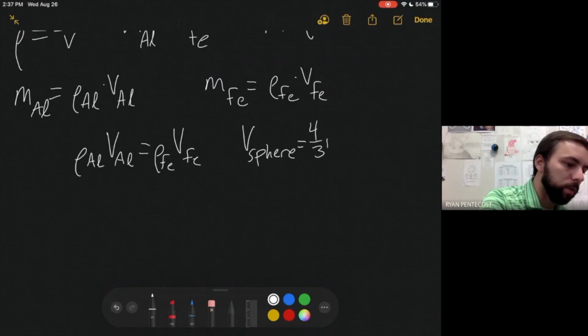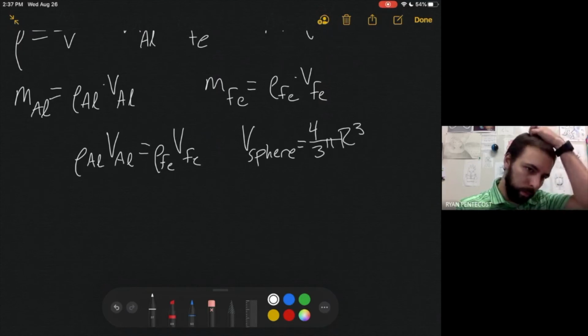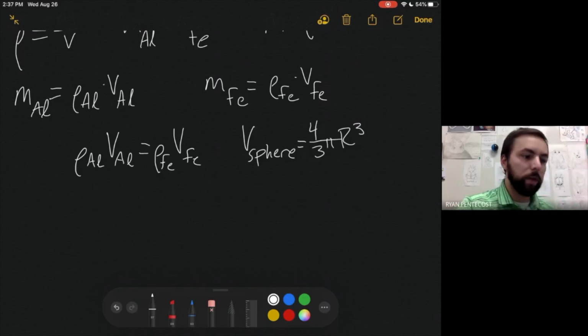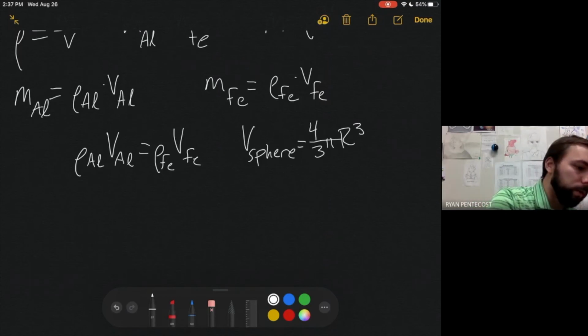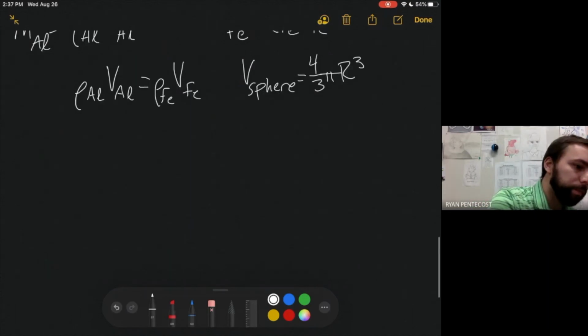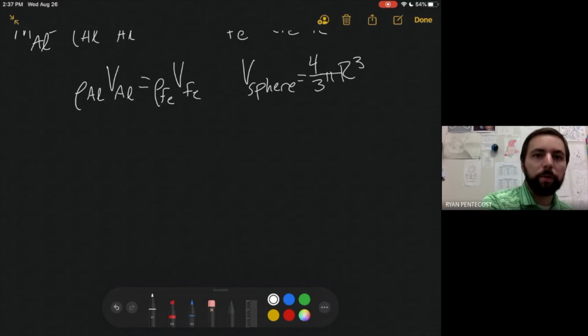Now we can substitute that in for the V for each of these quantities. So let's do that. Because they're both spheres, you can find their volume by taking 4/3 pi and multiplying it by the radius of the ball.